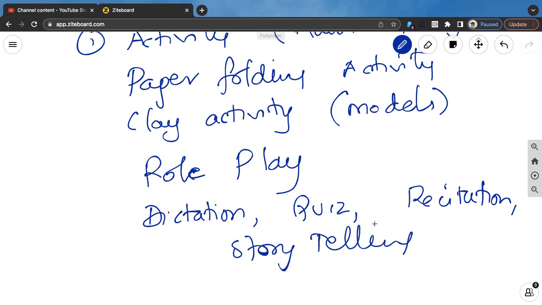So by active learning, we mean that students are not just sitting passively and listening to you. They are also doing something simultaneously. So they are staying actively involved in the class. If they are just told to sit, fold your hands, sit and listen, after 10 minutes, their attention will not be there.